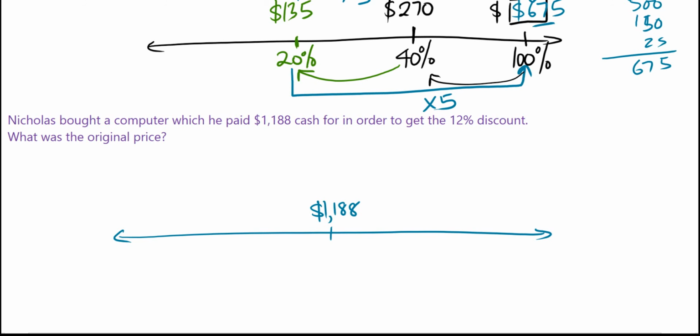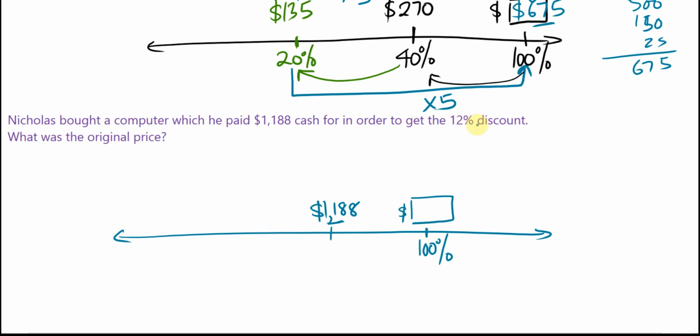So it says he paid 1188 in order to get the 12% discount. So this amount here that he paid was a discounted price, which means that the original price is much more than that. So I'm going to place the original price here, and we know that the original price is 100%.